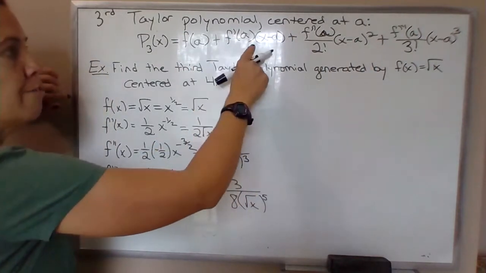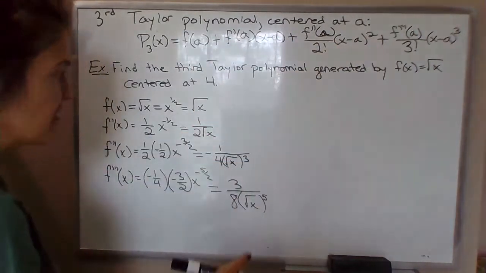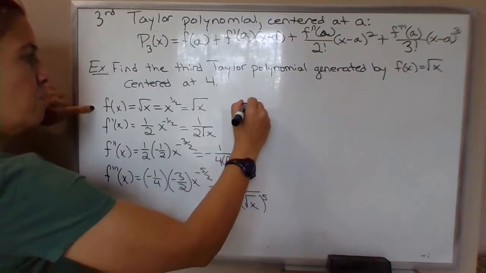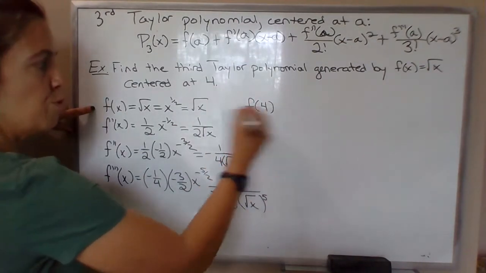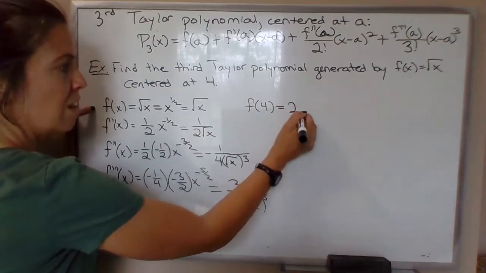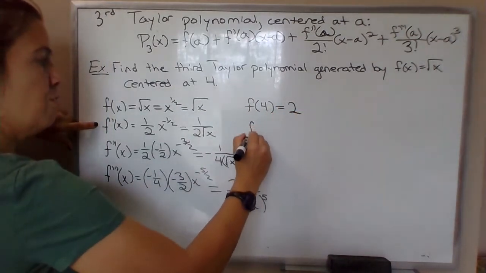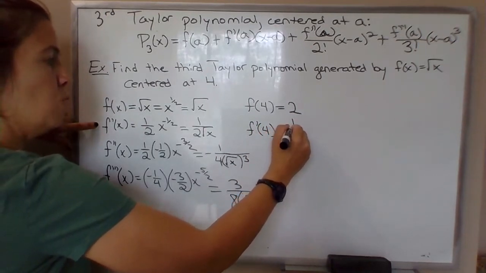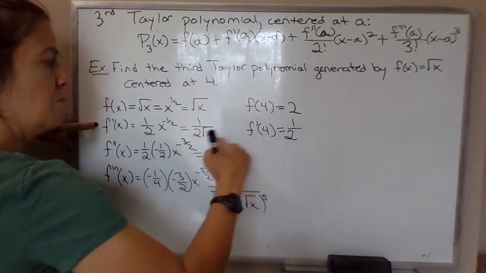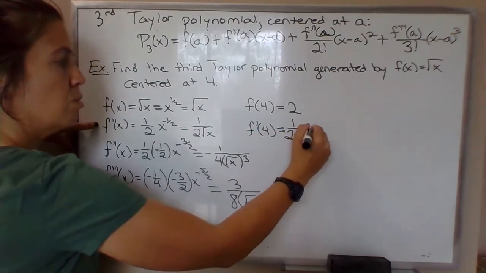for f of a, f prime of a, f double prime of a, and so on. So original function evaluated at the center, which in this problem is 4, would be the square root of 4, so that's 2. First derivative evaluated at the center would be 1 over 2 times the square root of 4, which is 2, so 1/4.